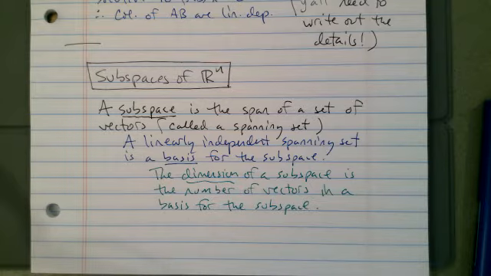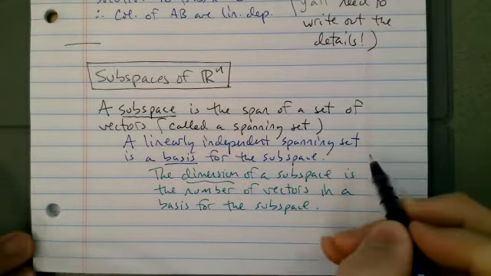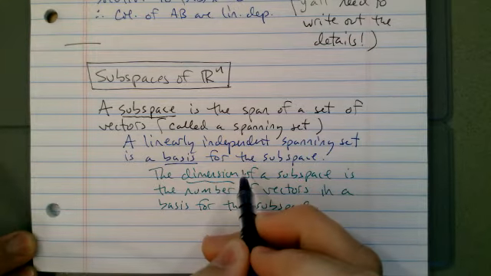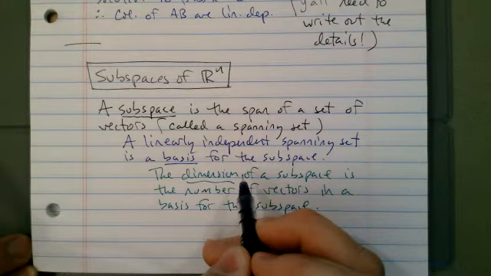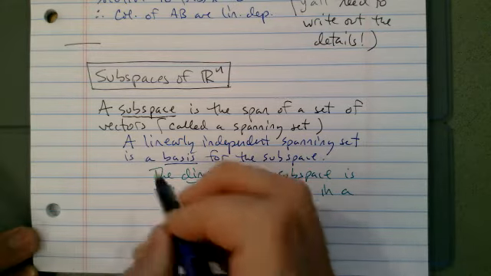When we have a spanning set of vectors, we can always reduce it to a basis if we need to. So a linearly independent spanning set is a basis for a subspace. If we have a spanning set that is not linearly independent, we could just get rid of some vectors to reduce it to a basis.